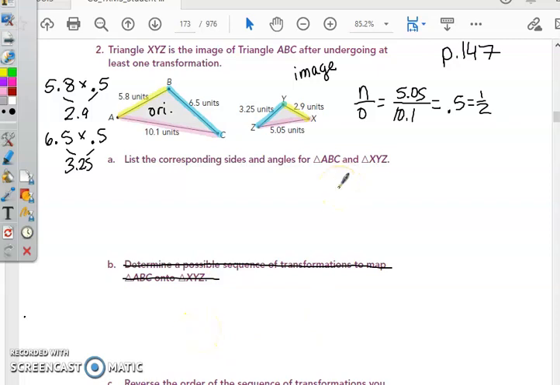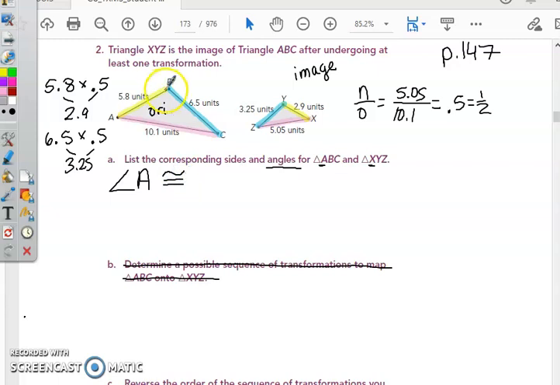So let's start with angles. Another thing I'm going to tell you, this is just a little secret. When it says ABC and XYZ, A and X should be congruent. So I'm going to put angle A. You have to put it in the right order. This is our symbol for congruent. It's like an equal sign with a little squiggle over it.